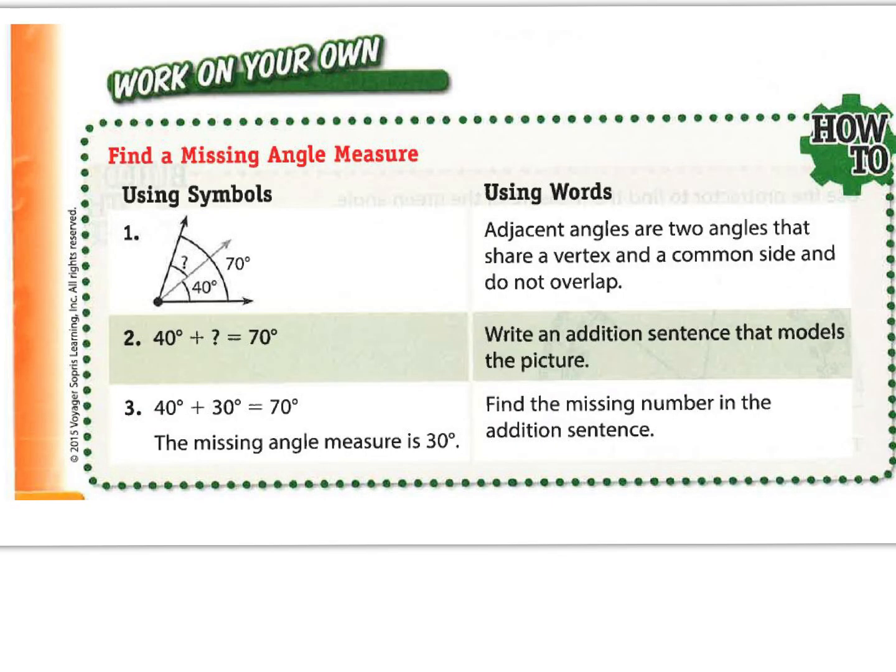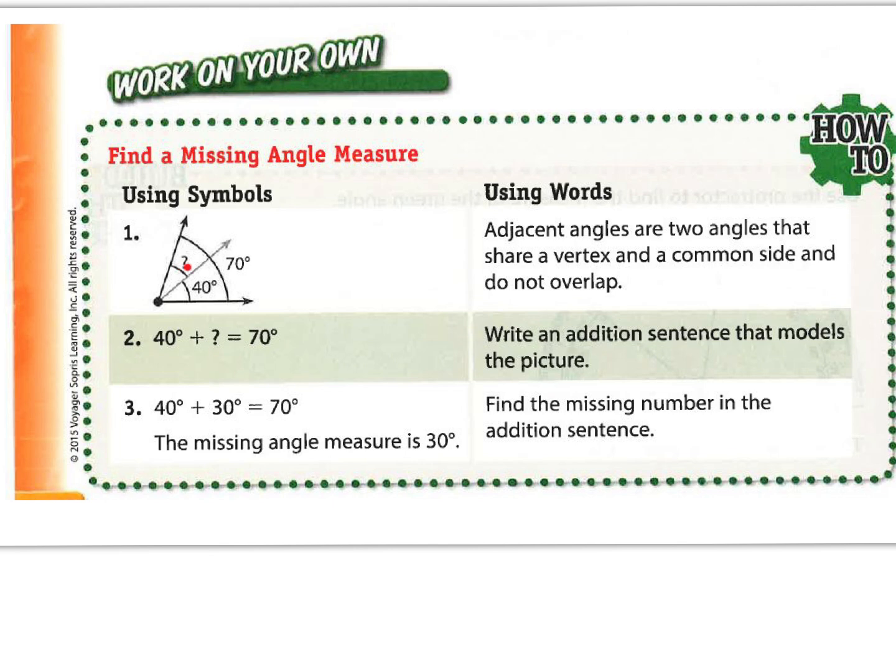All right, so find a missing angle measure using symbols. So here is a problem. It says the adjacent angles are two angles that share a vertex and a common side and do not overlap. So here's this angle, 40 degrees, and the question mark. These two are adjacent angles. Then you're going to write an addition sentence that models the picture.